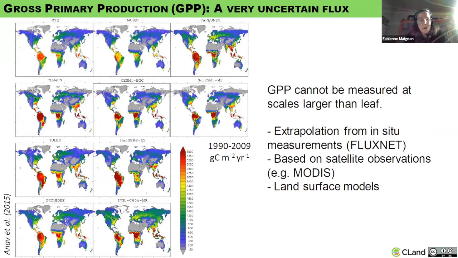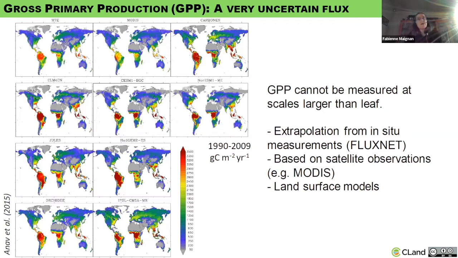So the first product is a product extrapolated from in situ FluxNet towers, as has been presented by Pedro just before. The second product is derived from the MODIS satellite, and all other GPP representations are from land surface models.